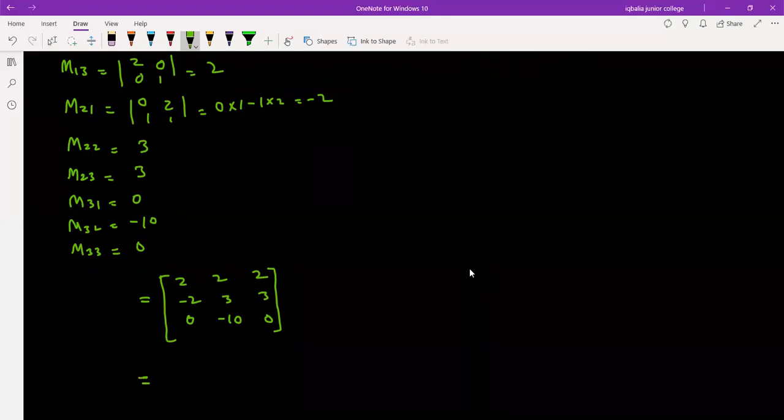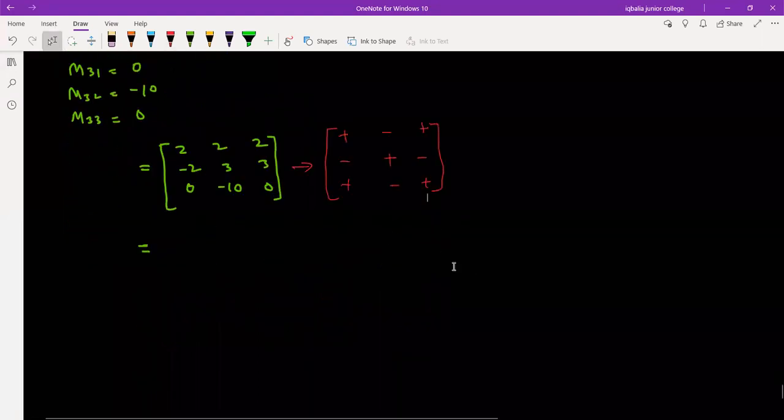For converting these minors into cofactors, I have to multiply a matrix where, if I am multiplying this red one matrix with minors, then it will automatically be converted into cofactors.